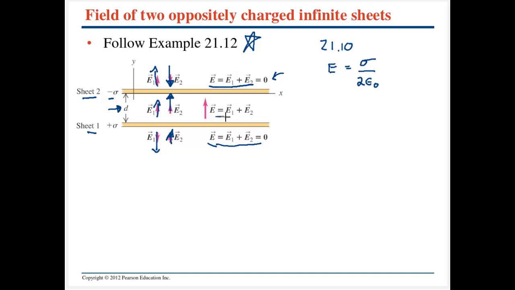In the middle, we're going to add these two vectors together, and that's going to be 2 sigma divided by 2 epsilon naught, and we can get the electric field inside the capacitor to be simply the charge density divided by the permeability of free space.